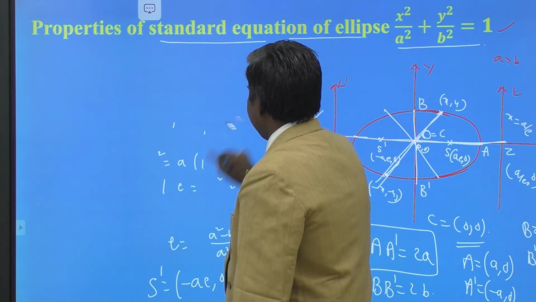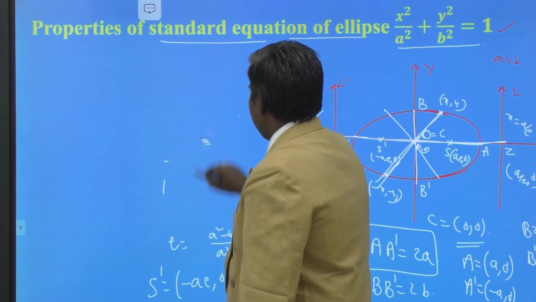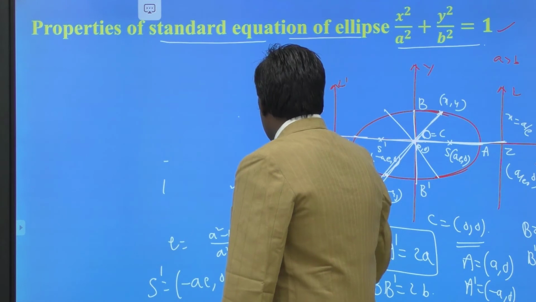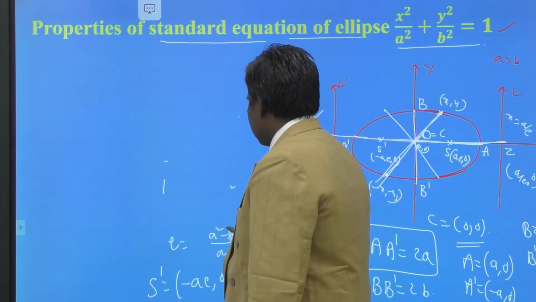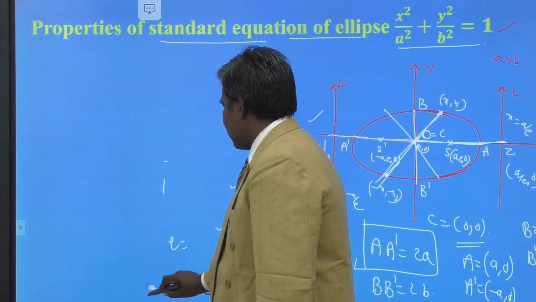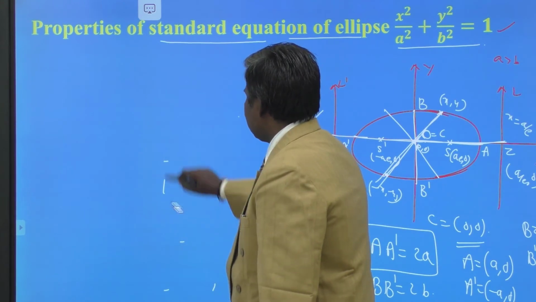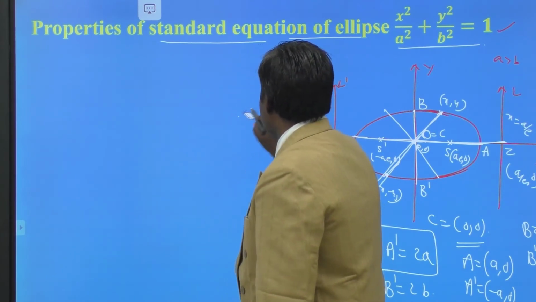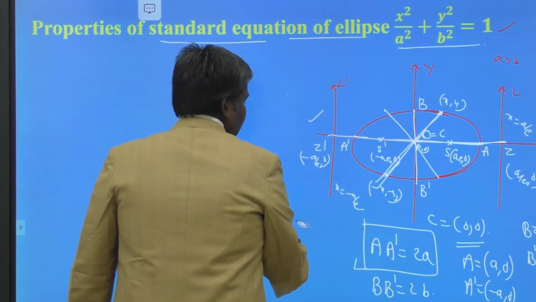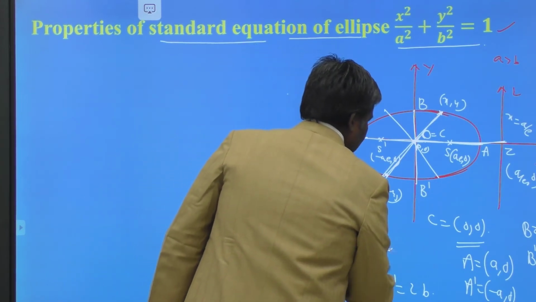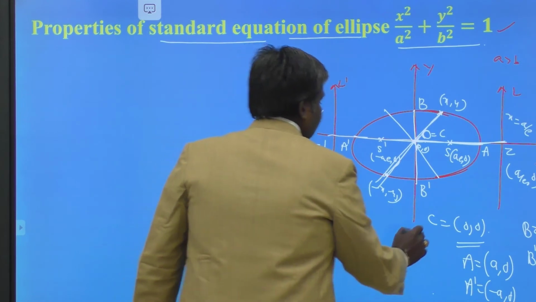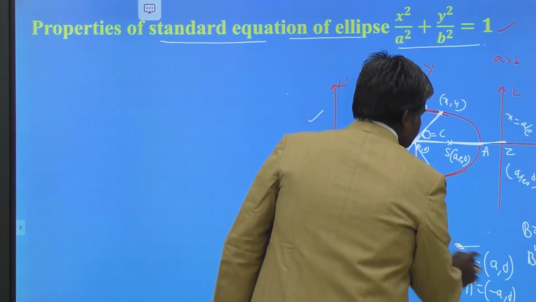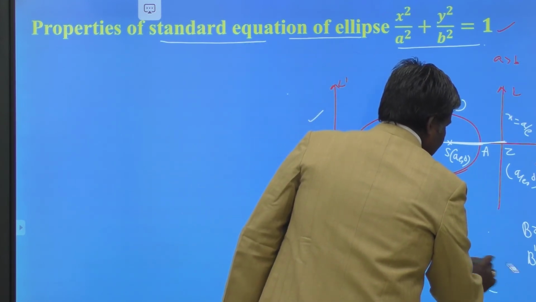So, up to now we discussed the foci and directrix of the ellipse. What are the foci? Plus or minus (ae, 0). The directrix is x equal to plus or minus a by e. There are two directrices and two foci for the ellipse, and the center of the ellipse is (0, 0). The major axis is the x-axis.